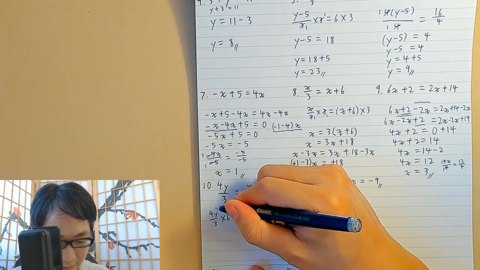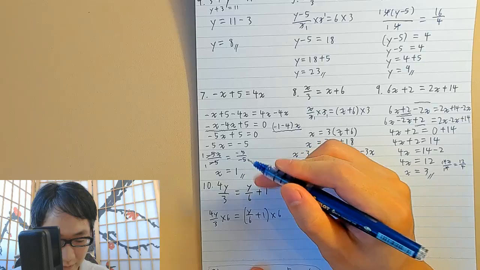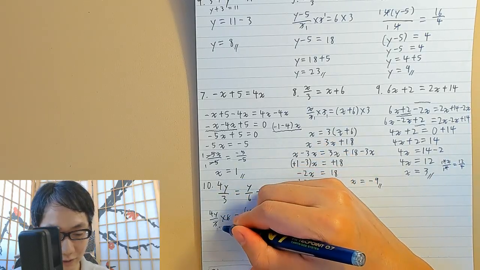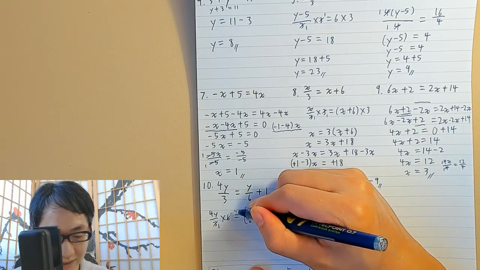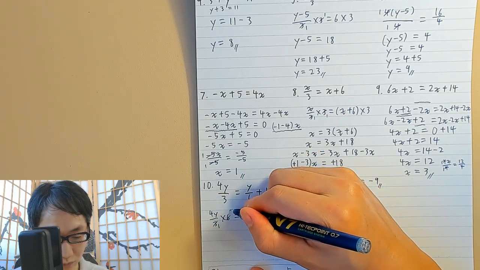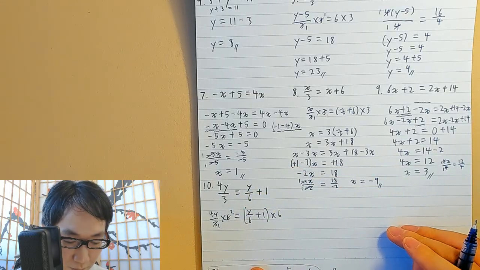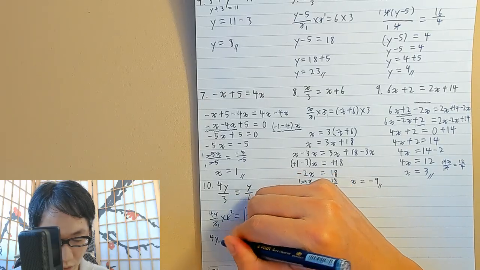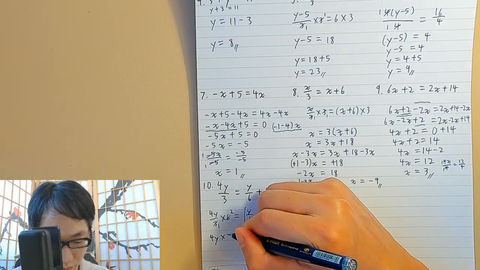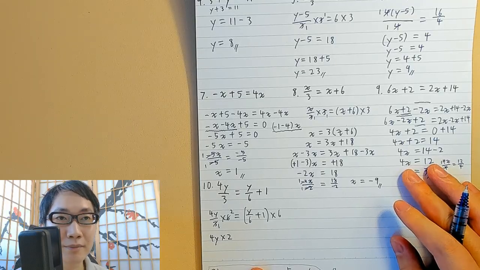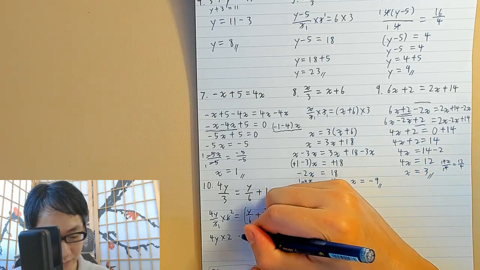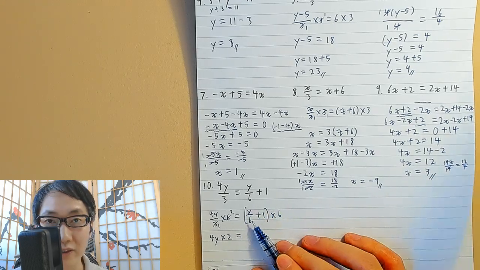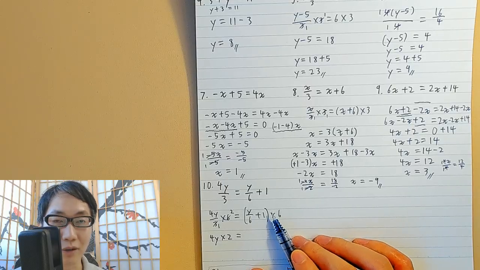Okay. So now the left hand side, this can be simplified because both of them have a factor of 3. So 3 divided by 3 is 1, 6 divided by 3 is 2. Okay. So on the left hand side, I'm left with 4y times 2. Okay. And on the right hand side, in the bag there are 2 terms. One is y over 6, the other one is positive 1.